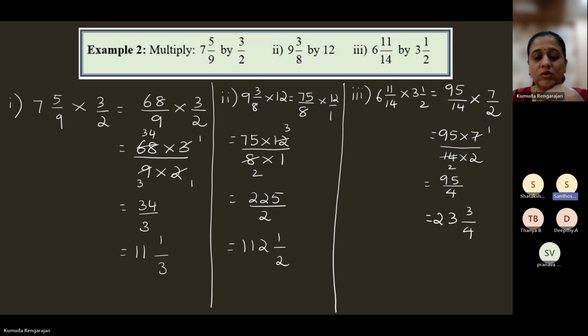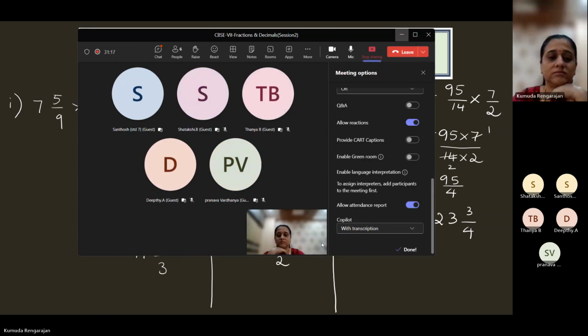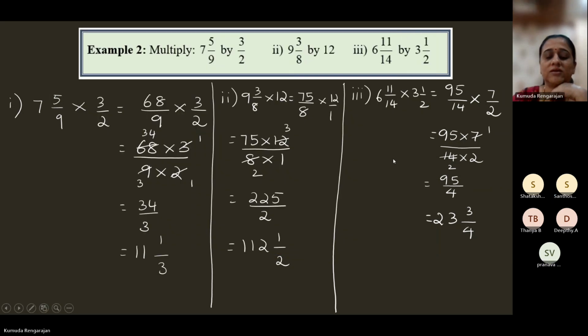Done. Pranava, are you back? Yes, ma'am. Is the screen visible now? Yes, ma'am. So this is one thing, you have to take a screenshot and complete it later, Pranava. Please do that.